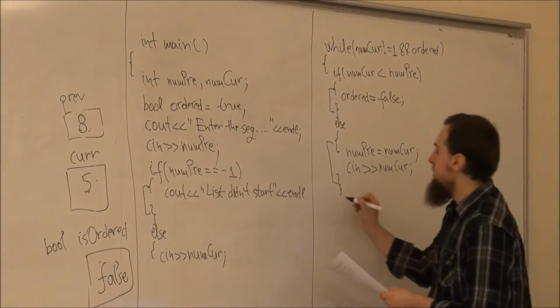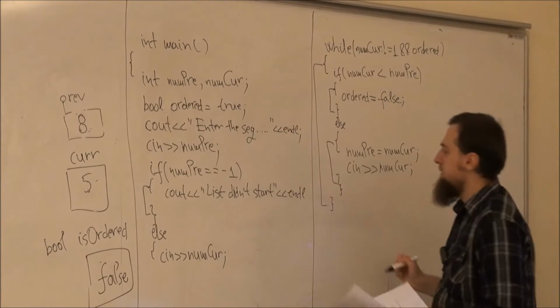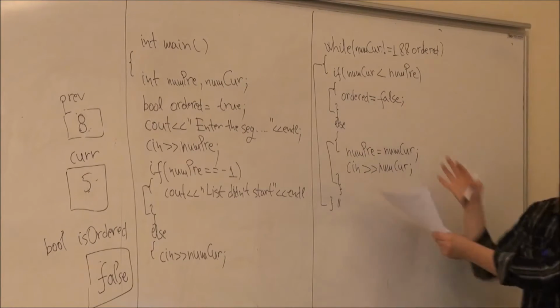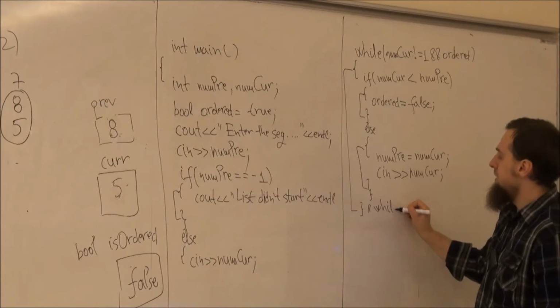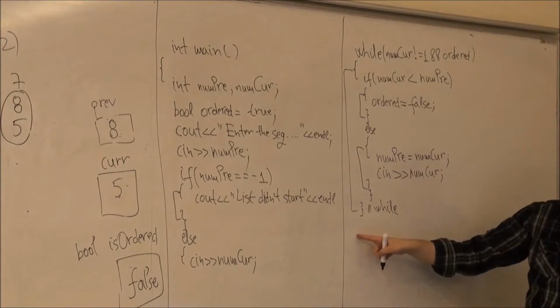I'm finished with the while loop. If you have a lot of brackets, maybe you can have 10 brackets like this, you can write in a comment like this, that okay, this bracket is for the while, okay?